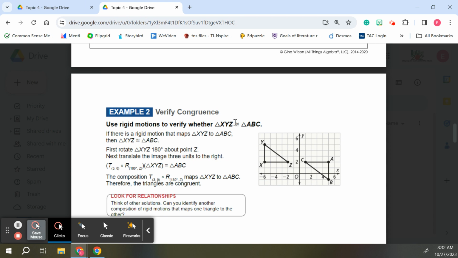Yeah, we did that all of topic 3. Anytime you reflected something, rotated something, translated something, or the composition of it all, you performed a rigid motion. Now what they want you to find is the composition, like the function, okay?